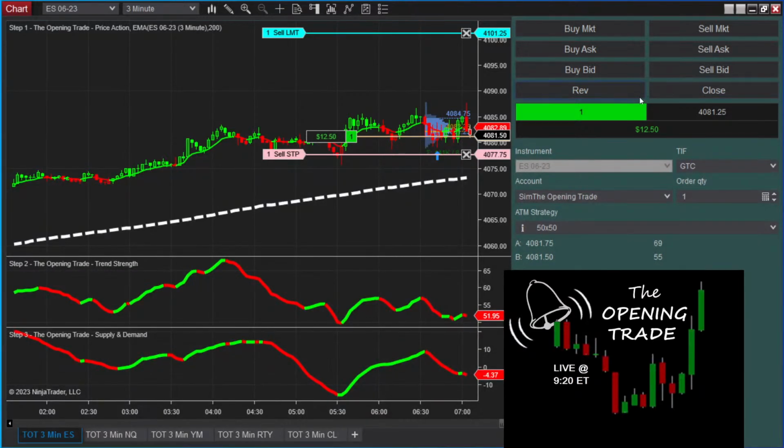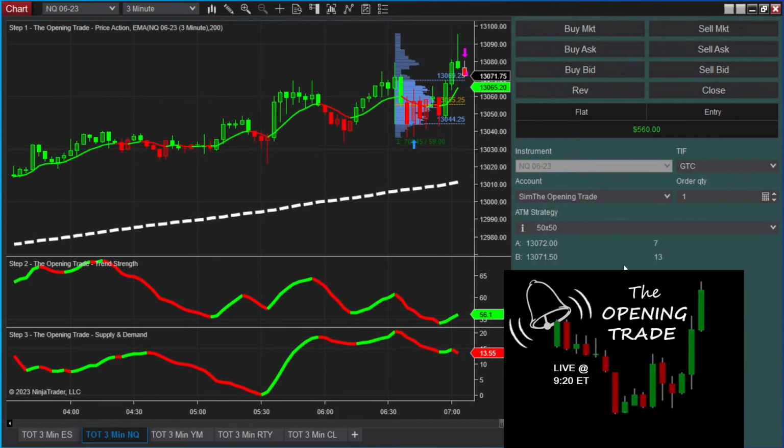Order filled. Okay, that means something hit a red bar, and it was the NASDAQ. It did see a win of $560.